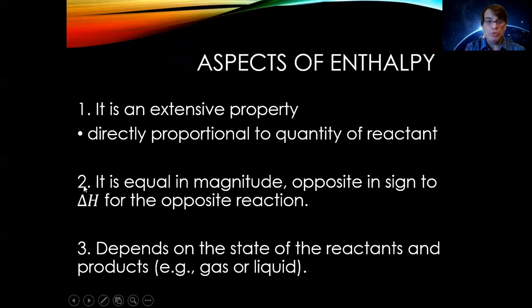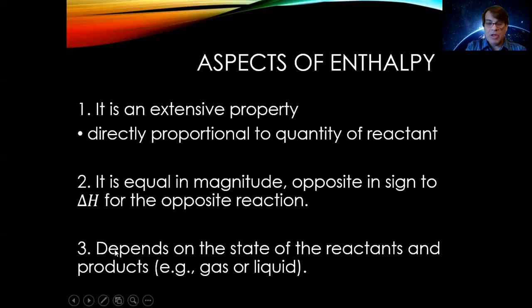As I just showed you, delta H is equal in magnitude, but opposite in sign, for the opposite reaction. Coming together to form water, it was endothermic and it was negative. Breaking water apart, it was exothermic and positive. So the reversible process is equal and opposite in sign.